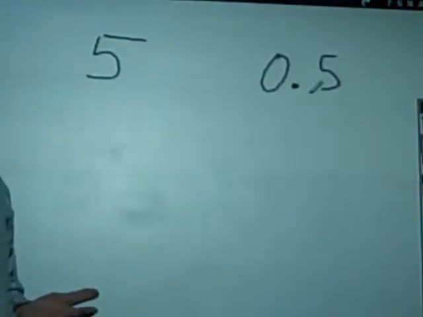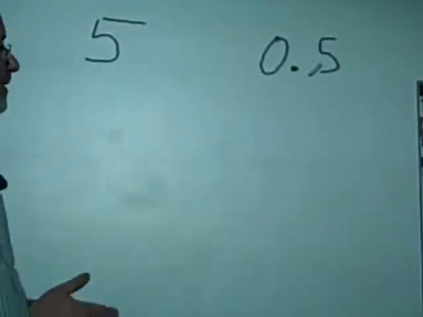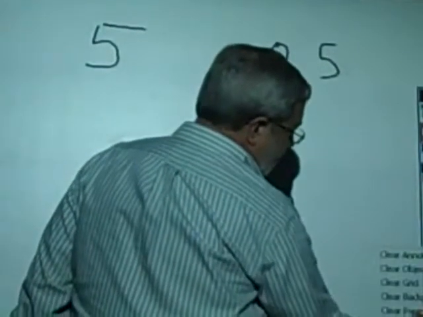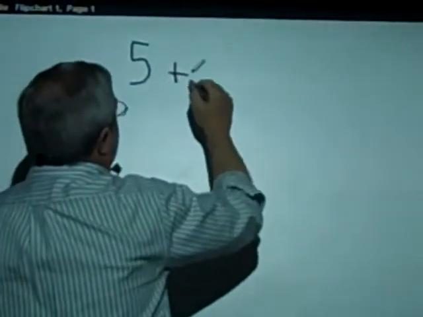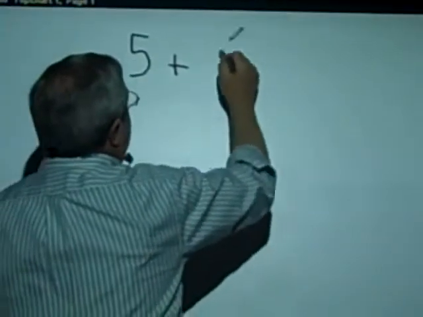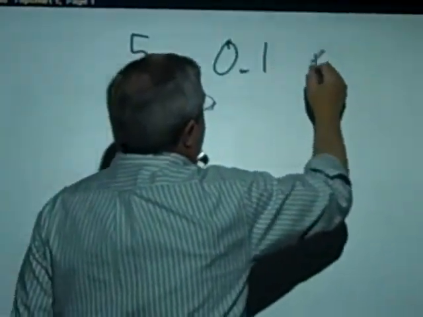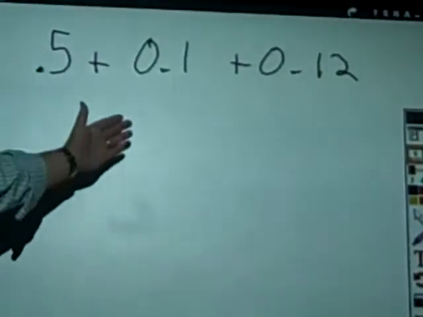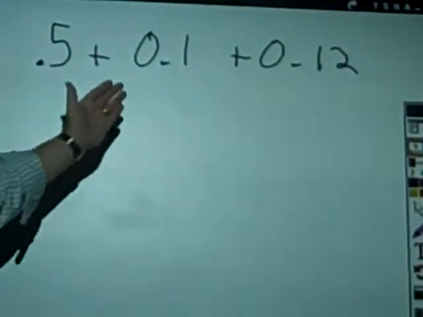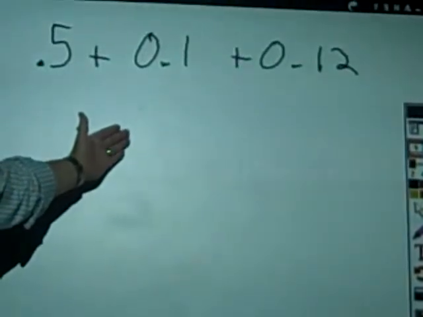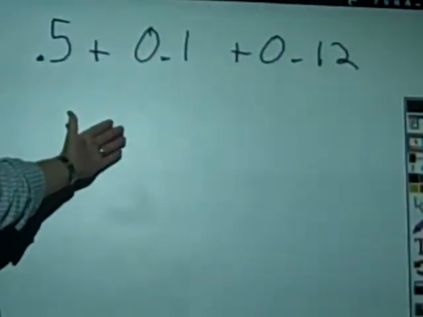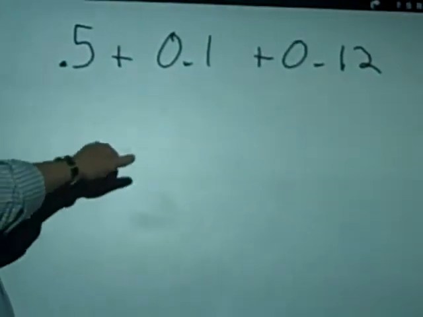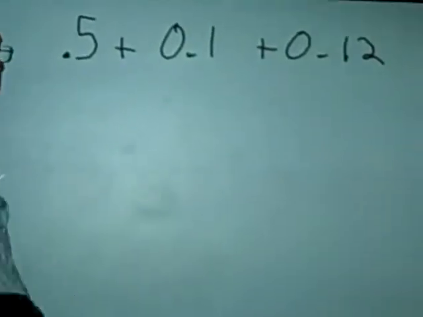Now, the first thing we're obviously going to do is some addition. So if I've got these three decimal numbers I want to add together, the first thing I need to do, and this is my rule for addition and subtraction, is to line up the decimals.